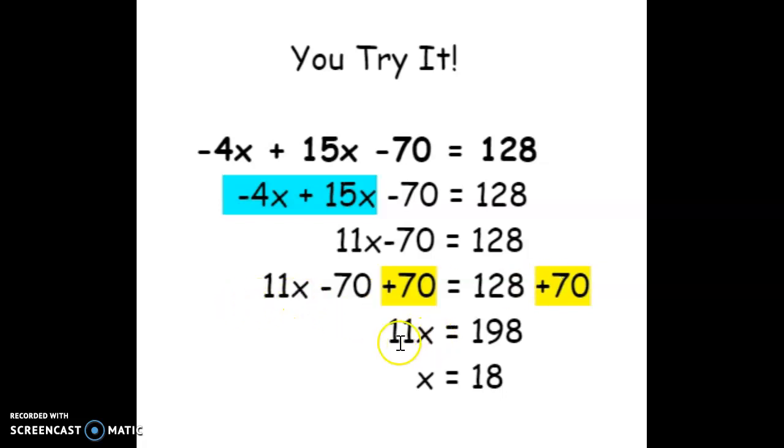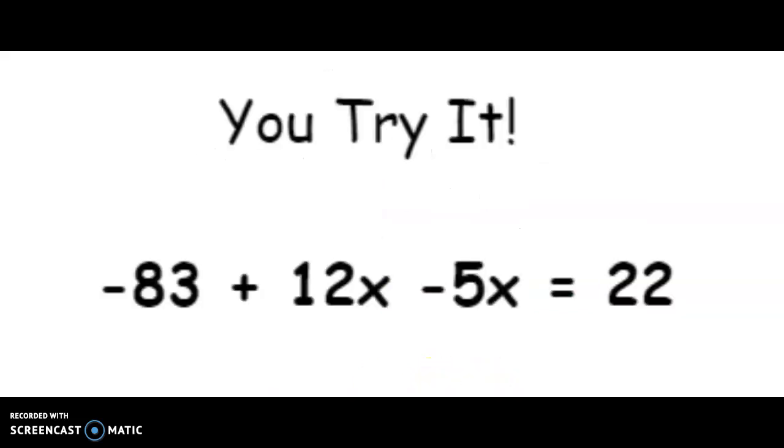Our new equation then became 11x, because positive 70 and negative 70 became 0. We added 128 to 70, and that became 198. Now we're left with a very simple problem. 11x equals 198, which we could easily solve for x to be 18.